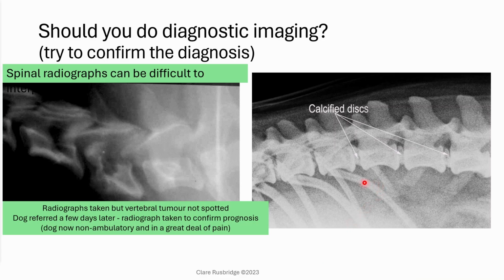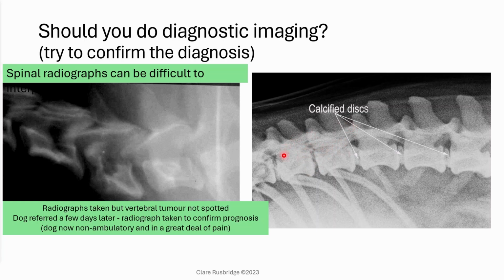With this one, the vet obtained the radiograph and saw these calcified discs and made a correct assessment that disc disease was more likely. However, the owner was told that these were the discs causing the problem, when in actual fact it was this disc that was causing the problem, where there isn't a calcified disc, because this is where the nucleus pulposus is sitting up here in the spinal canal.